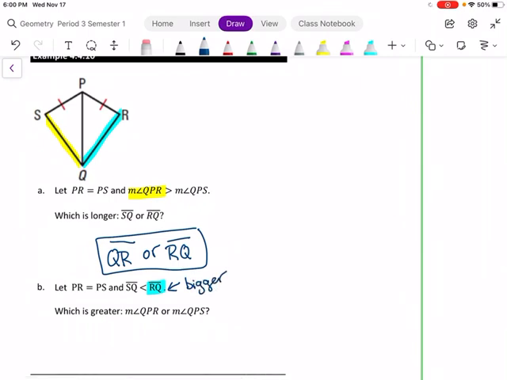Then we need to look at which one is greater: the measure of QPR, which is this one, or the measure of QPS over here. So we already said the blue one is bigger. So then the angle across from that would be the bigger of the two angles, which is angle QPR.